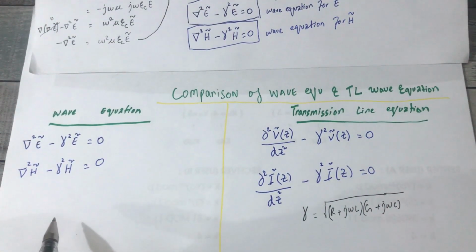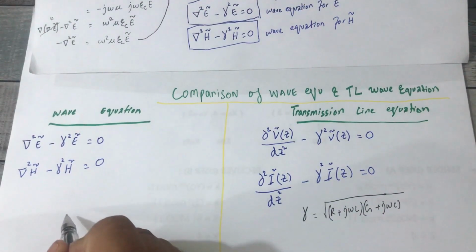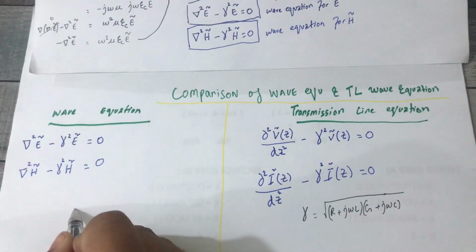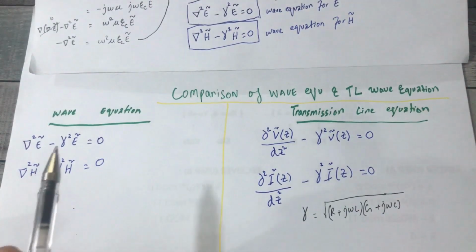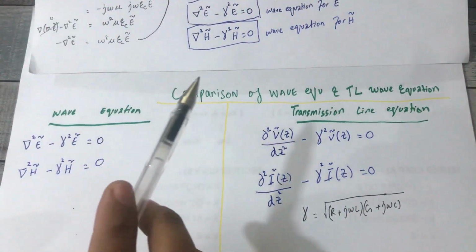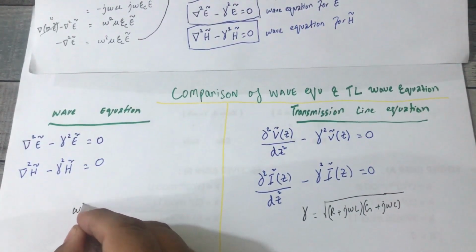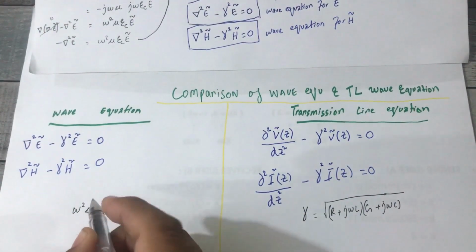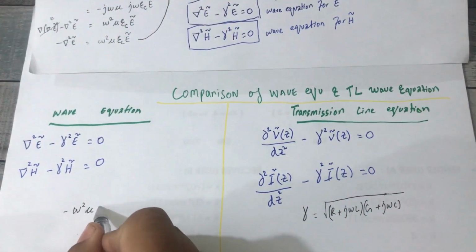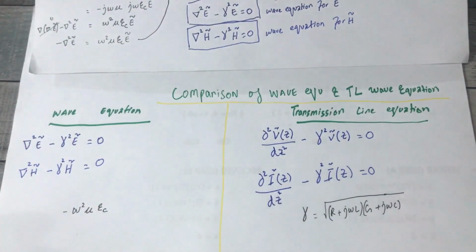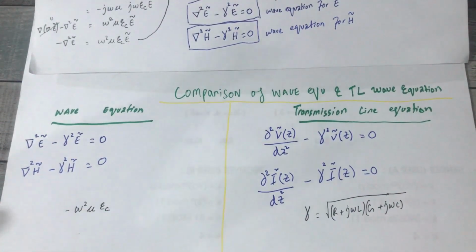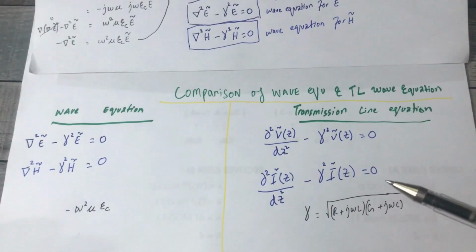Now what are the contributing factors here? What is my gamma squared? Gamma squared consists of omega mu minus omega times epsilon, and in the transmission line, L and C. These are exactly the same thing, guys.